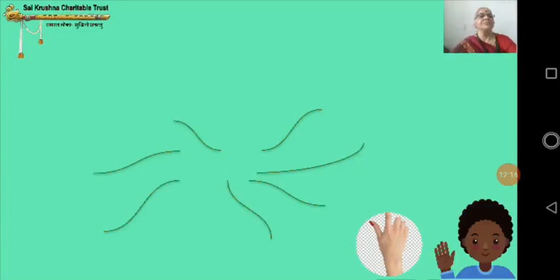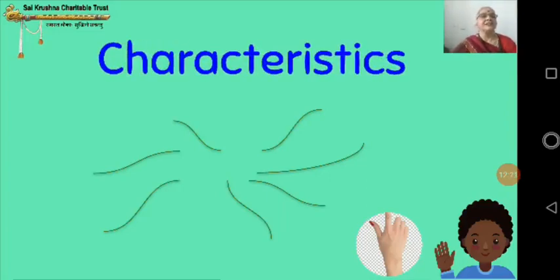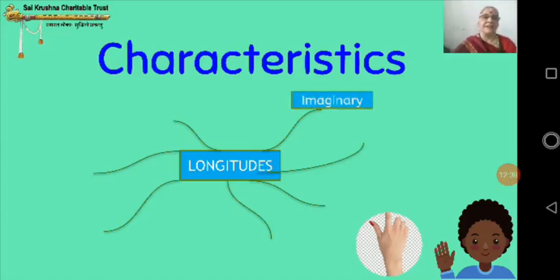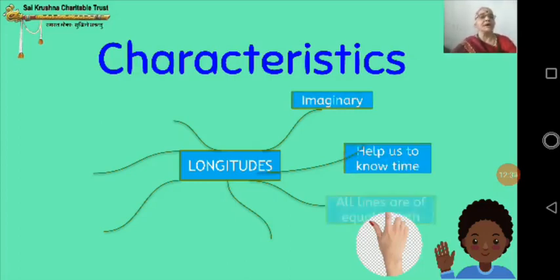Very good. Now, how do we remember details about longitudes? Let's see that. What are the characteristic features of longitudes? Again, they are imaginary. They help us to know time. All lines are of equal length.